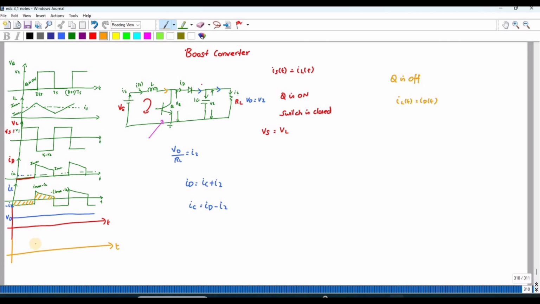So I can draw the actual output. The actual output is somewhat like this. So you are not getting the proper value.